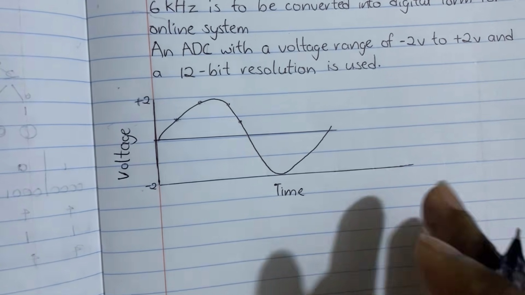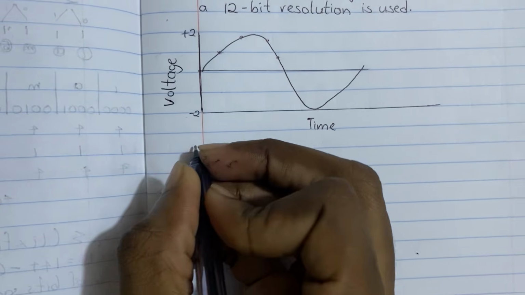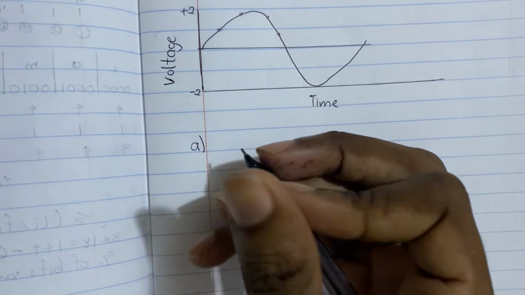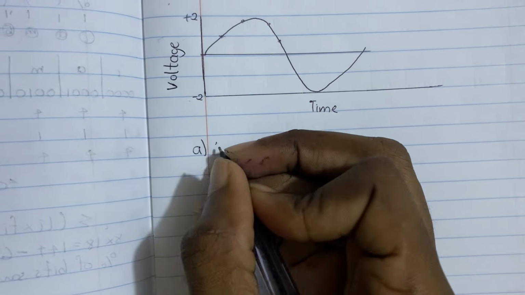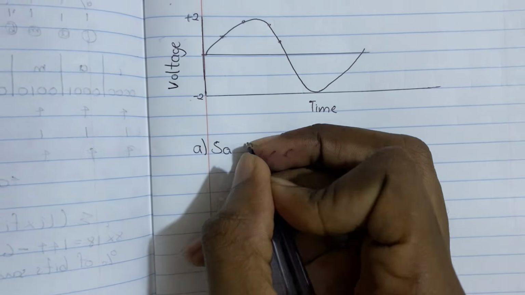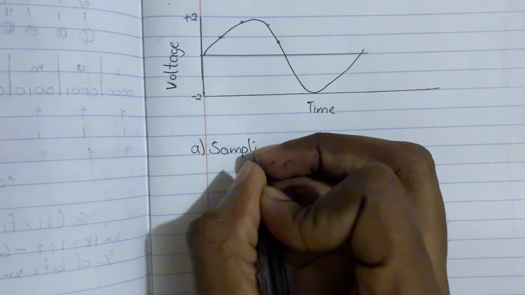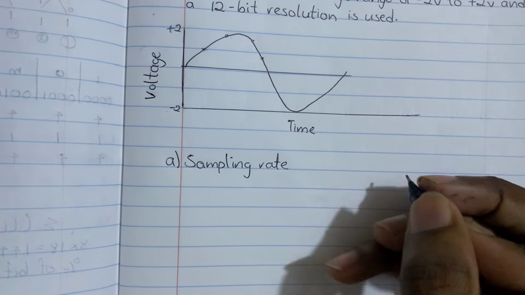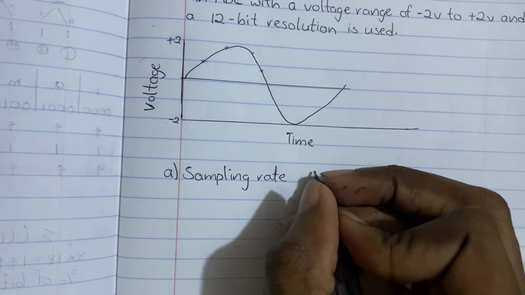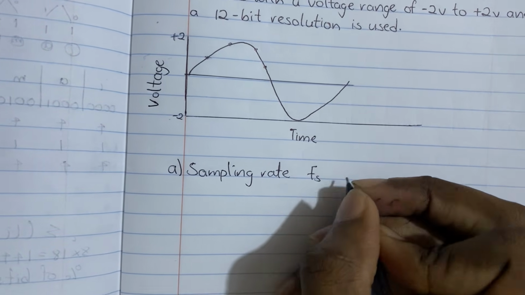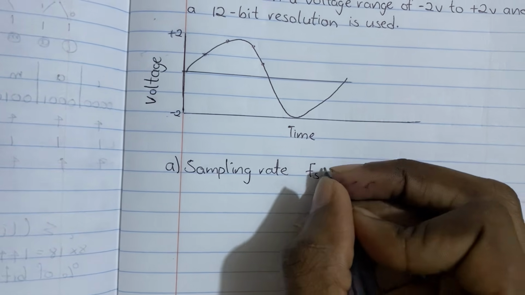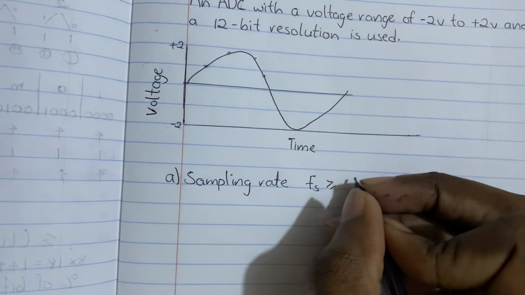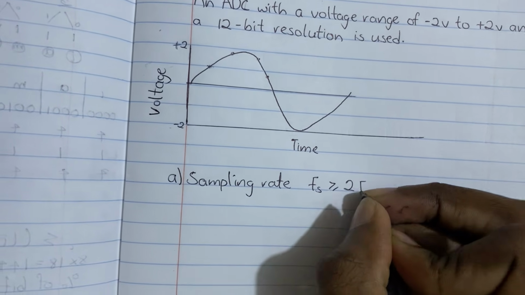Yes, so let's start solving some questions. Let's calculate the minimum sampling rate. First let's calculate our sampling rate. We'll use the Nyquist theorem, which states that our sampling frequency, or the sampling rate, is greater than or equal to twice the maximum frequency.